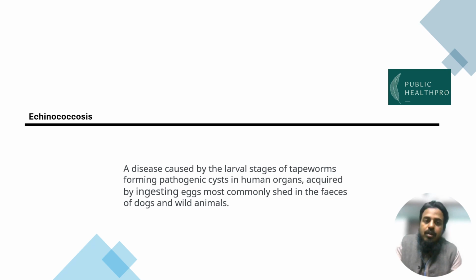Echinococcosis is the larval stage of a tapeworm, forming pathogenic cysts in human organs. For prevention, we have to avoid contact with infected animals, especially dogs in endemic areas. Practice good hygiene, washing hands thoroughly with soap and water, and control the stray dog population.